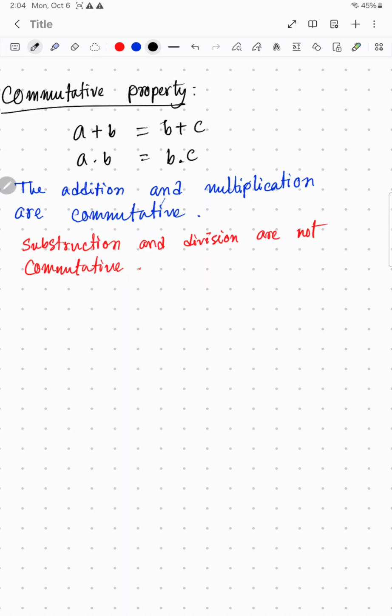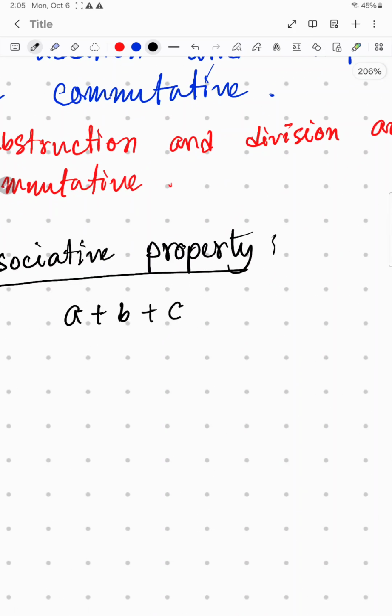Then we have the associative property. A plus B plus C. Basically, associative property says it doesn't matter if you have 3 addition or 3 multiplication.